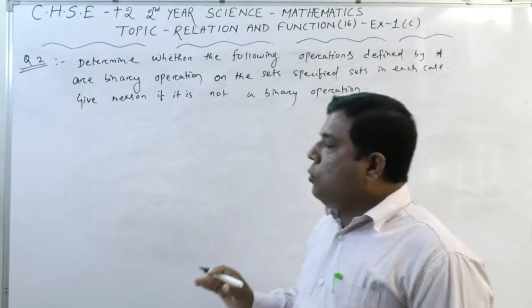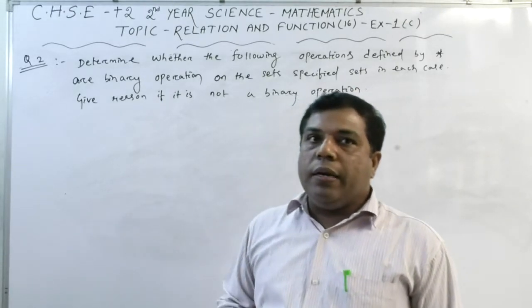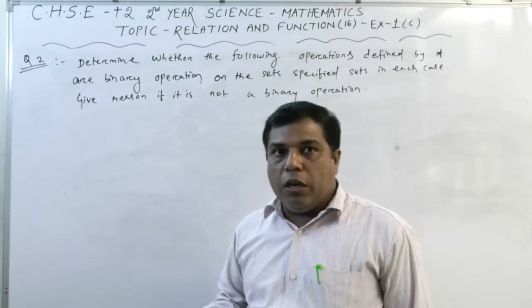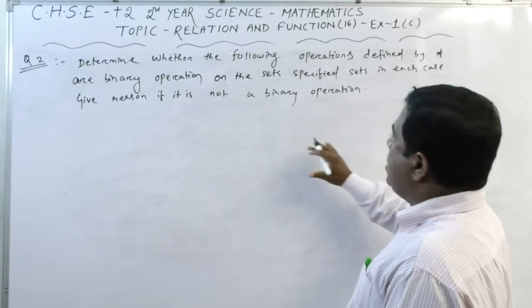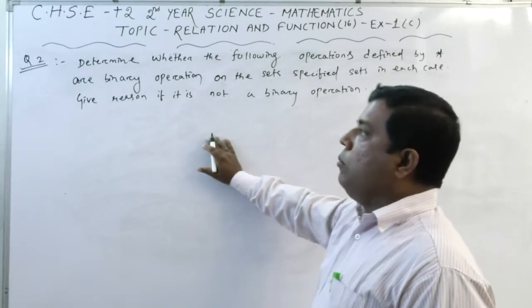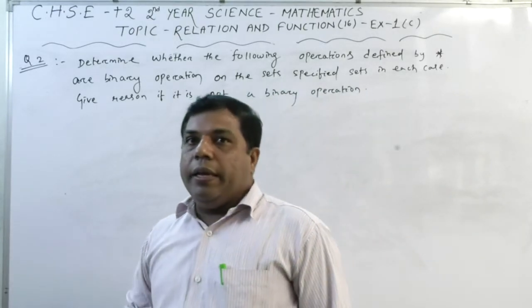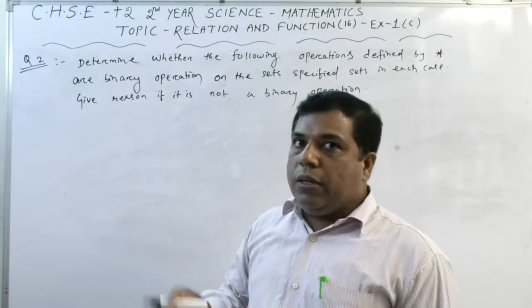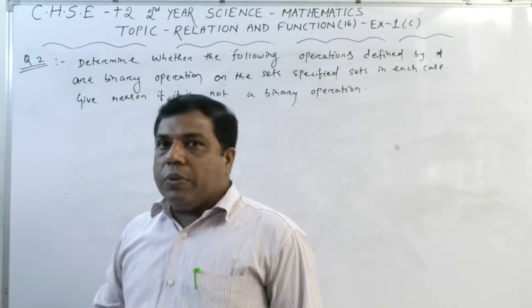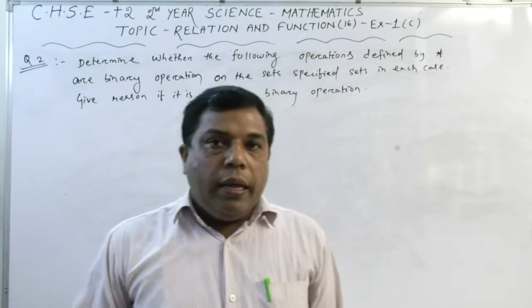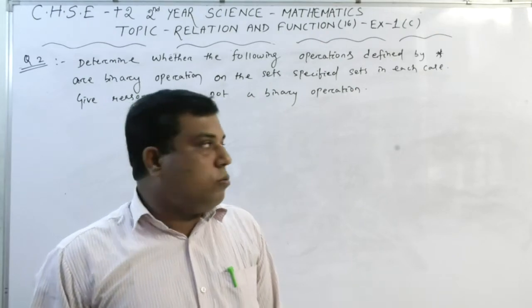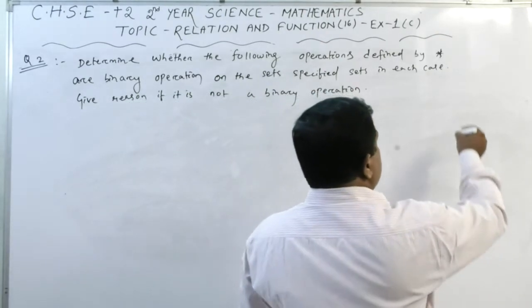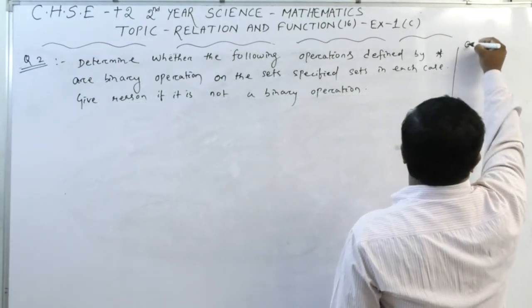Along with question 2, there is a sub part in question number 3. Now we will simultaneously move to question number 2 and question number 3. Okay, because of what question 3 says, now I am going to specify. I am writing question number 3 here.